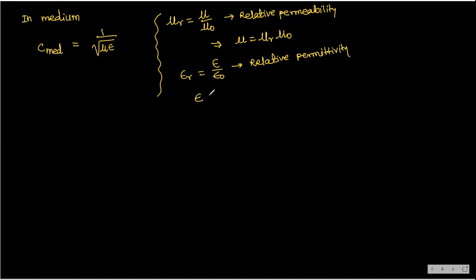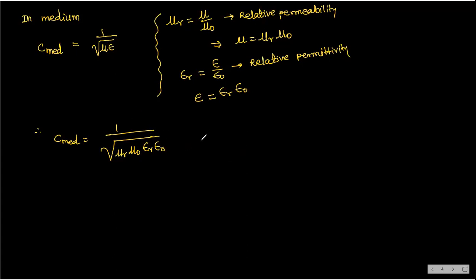So epsilon is equal to epsilon r into epsilon naught. Therefore, c in medium is equal to 1 divided by under root of mu r mu naught into epsilon r epsilon naught.